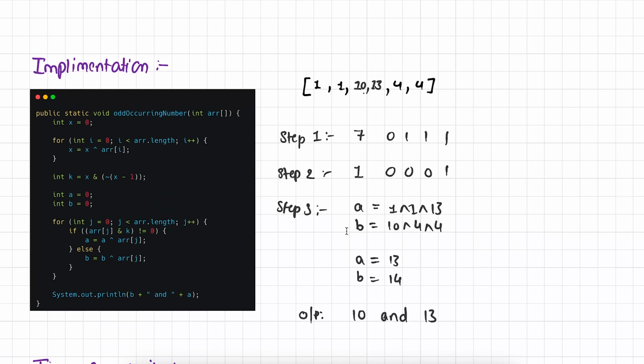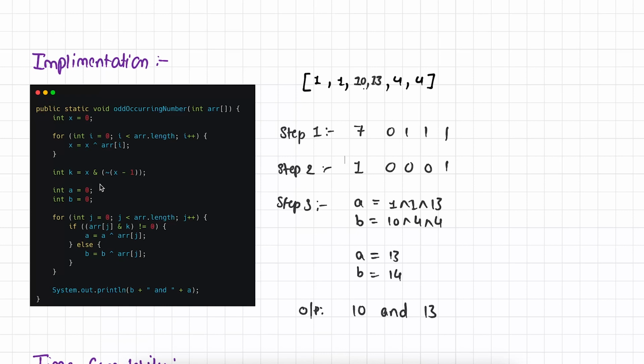So let's see how it works. In case of this array, in step 1 we get 7. Why? Because we XOR all the elements in the first step, and the binary representation of 7 is 0 1 1 1. In the second step, we do x and not x minus 1, so we get the number 1. And the binary representation of number 1 is 0 0 1 0 0 0 1.